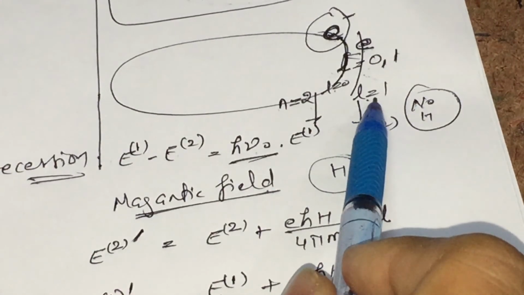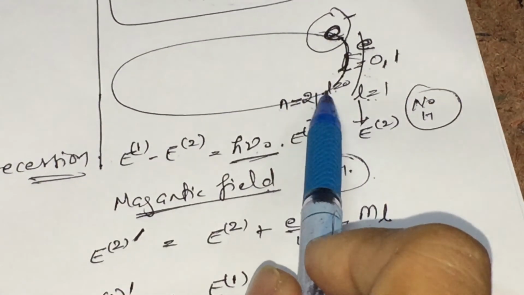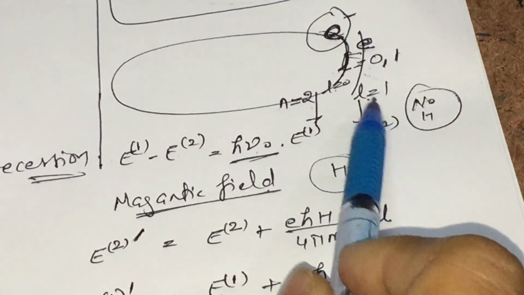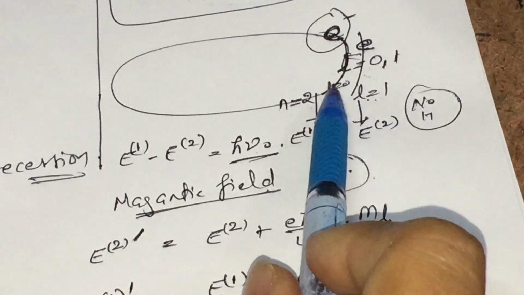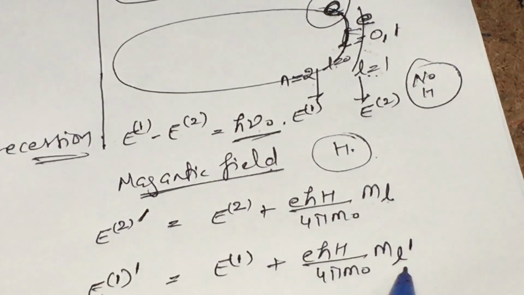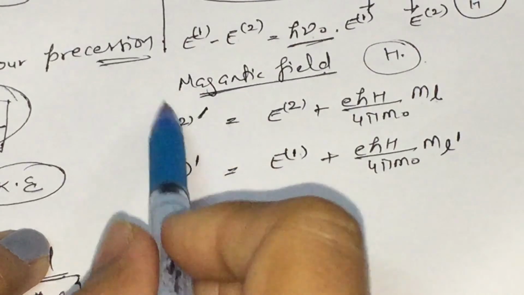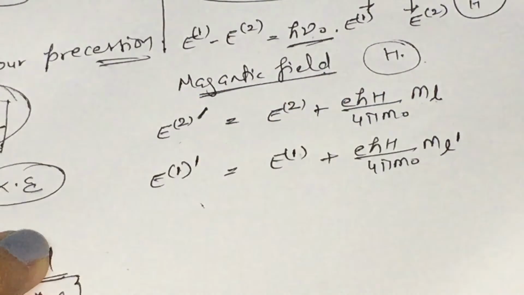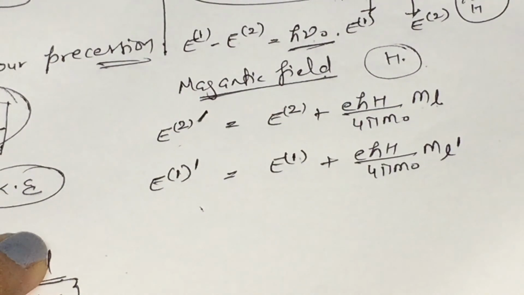Let us consider this is L and this is L dash. We are indicating different values of L with different notation, one with L and another with L dash. Now we will subtract and find out what will be the change in energy.